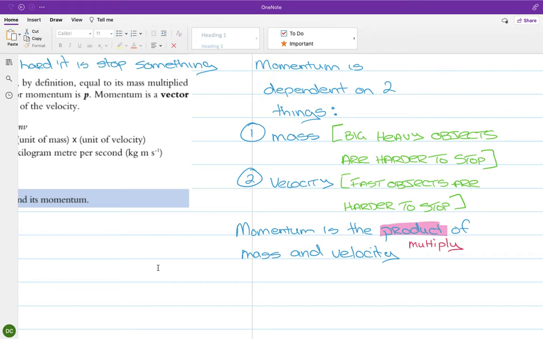So a good example of this would be comparing a bullet versus a double-decker bus. Now, both of these, I hope you agree, are pretty difficult to stop. It's incredibly difficult to stop a bullet.